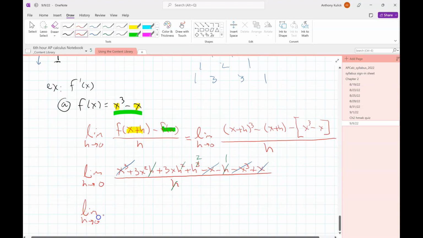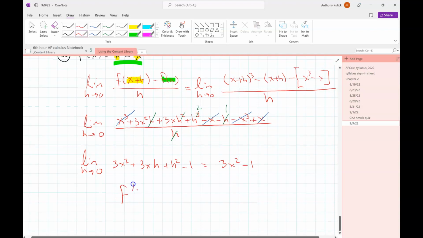Oh, Mr. Kulik, is that always going to happen? That h has got to get out of there somehow, guys. Unless you've made a mistake, that h should be gone bye-bye. And if I direct substitute now, since there's no h in the denominator, I'm done.